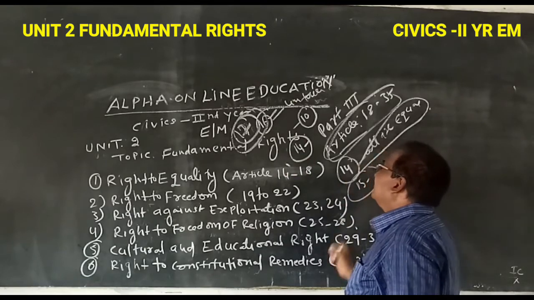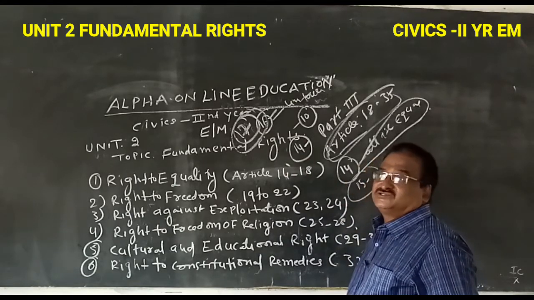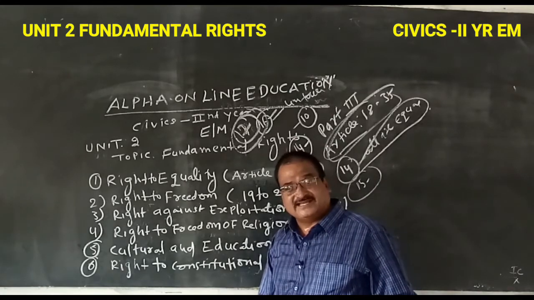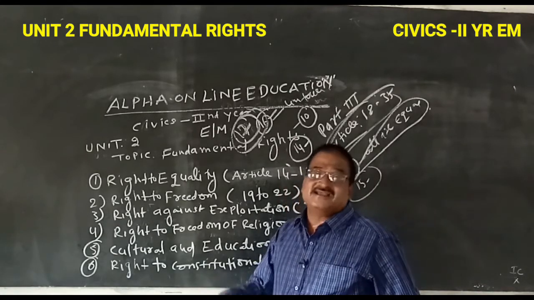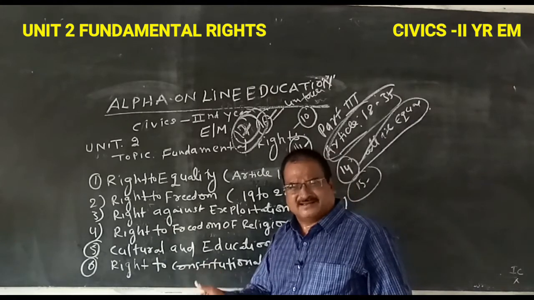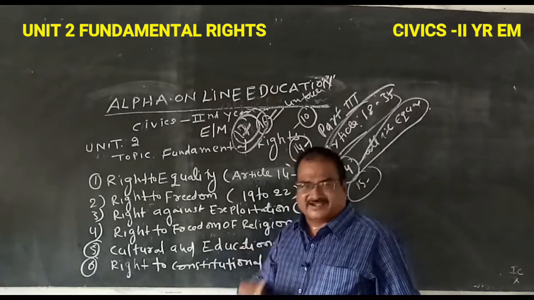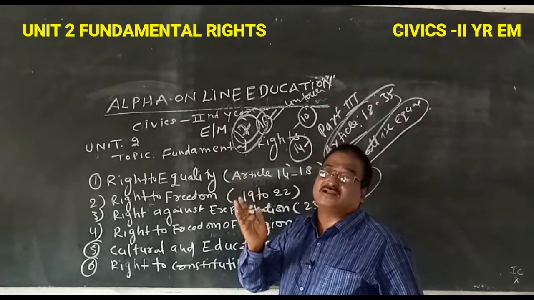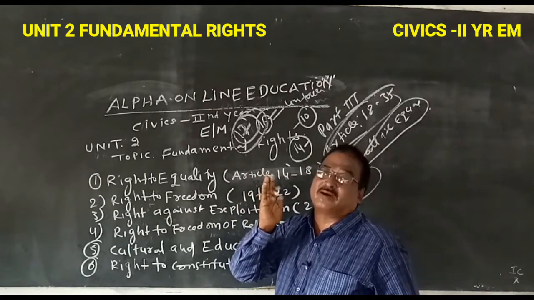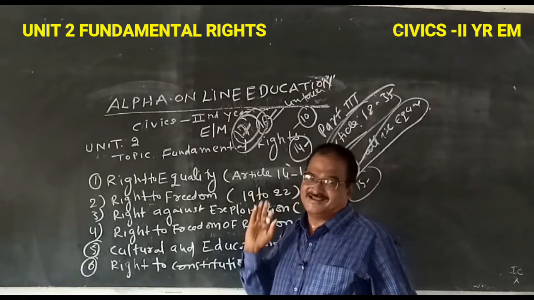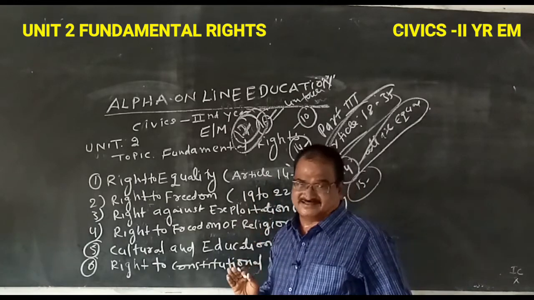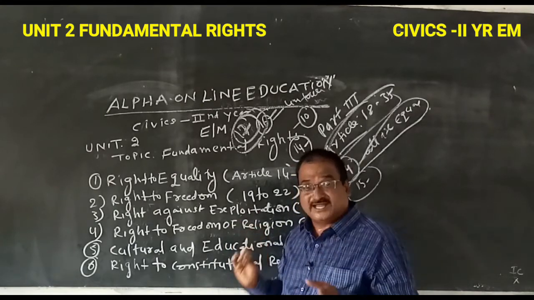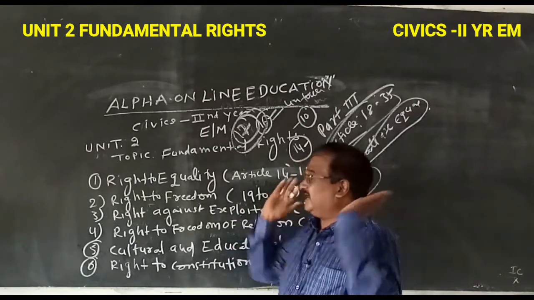And then Article 18. Every citizen of India may take any title within the country. If foreign countries give you any title, you must take the permission of the Indian President before accepting it.